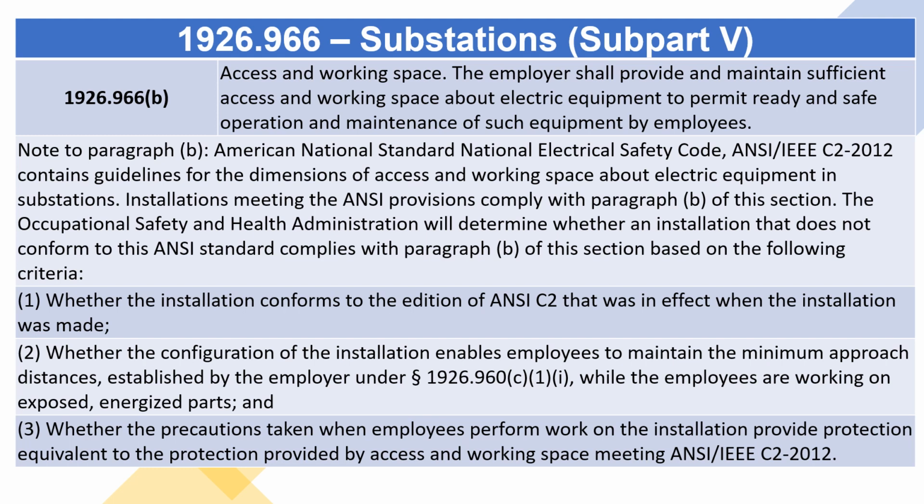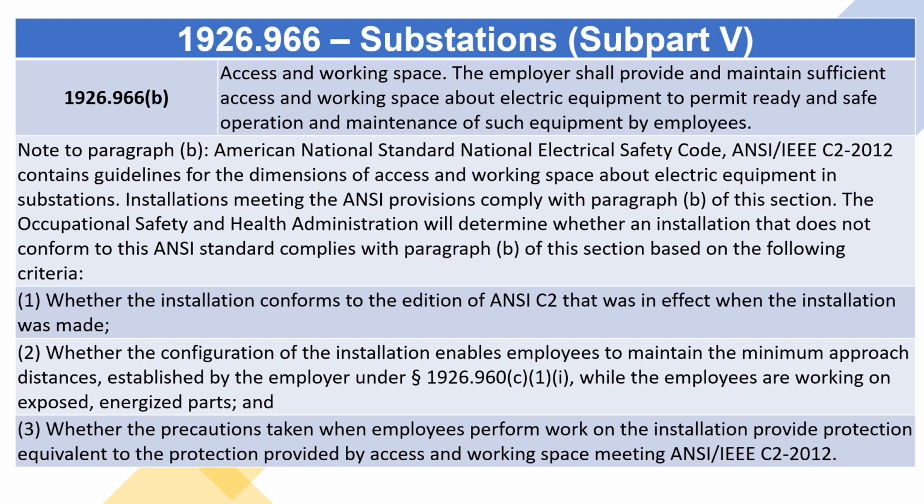The Occupational Safety and Health Administration will determine whether an installation that does not conform to this ANSI standard complies with paragraph (b) of this section based on the following criteria. 1. Whether the installation conforms to the edition of ANSI C2 that was in effect when the installation was made. 2.